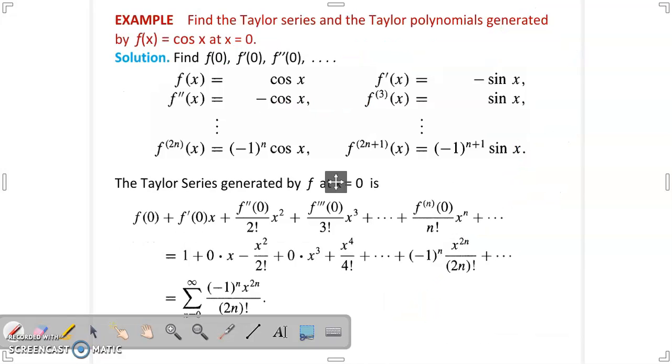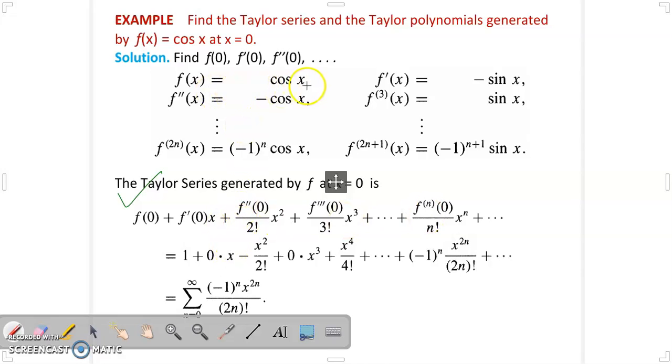See the next example. Find the Taylor series and the Taylor polynomials generated by the function f(x) is equal to cos x at x is equal to 0. So again, the Taylor series is given by this formula, right? Find the values of f(0), f dash 0 and all the higher order derivatives.